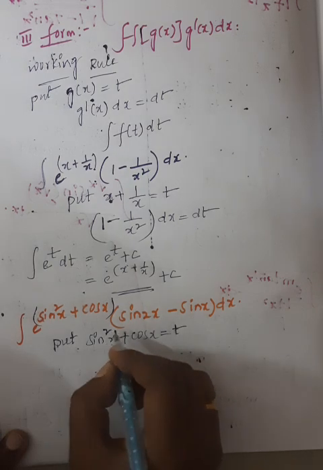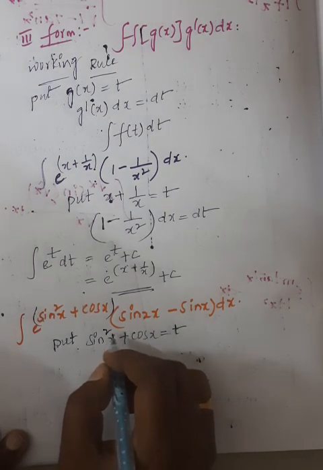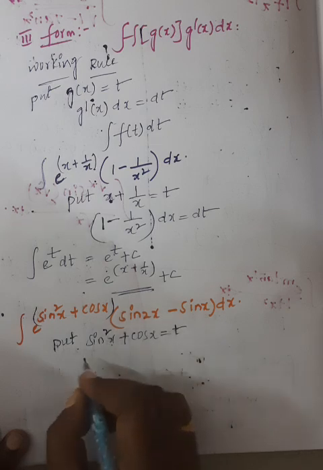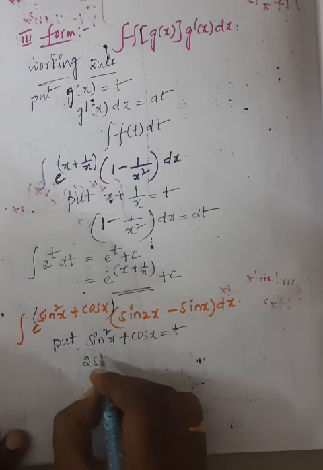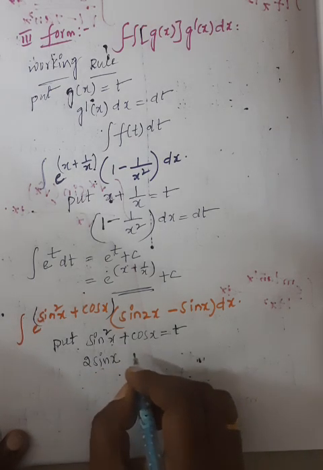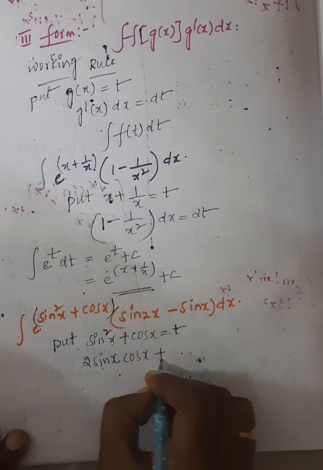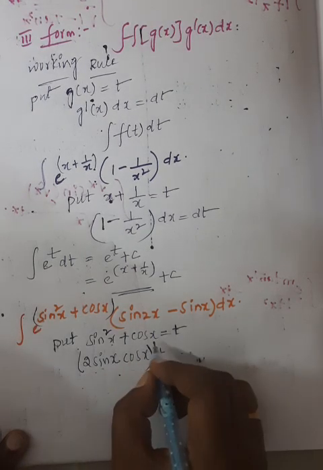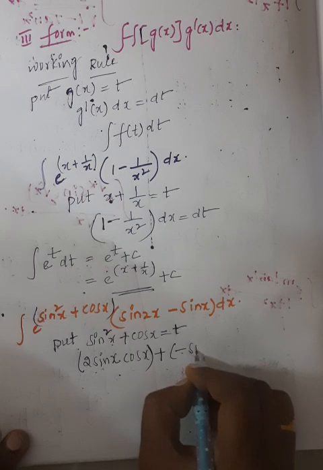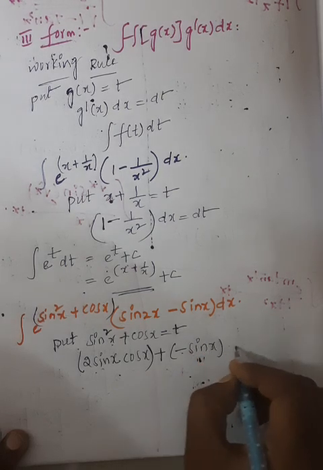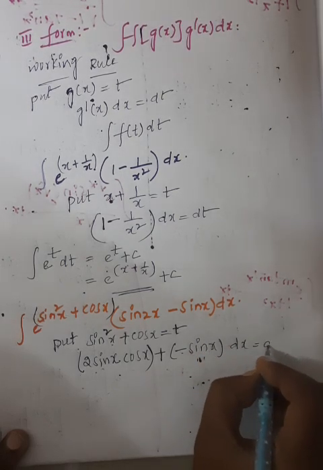Sin square x is of the form x square. X square differentiation is 2x. So it will become 2 into sin x. But it is not x, it is sin x. Again we have to differentiate sin x. So differentiation of sin x is cos x, plus cos x differentiation is minus sin x, into dx is equal to dt.